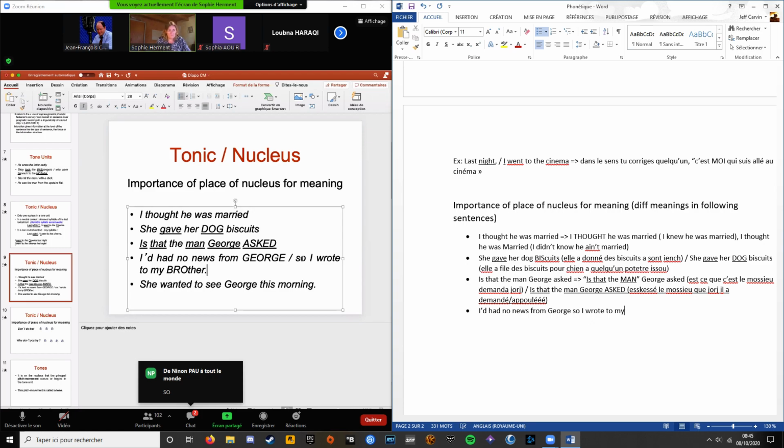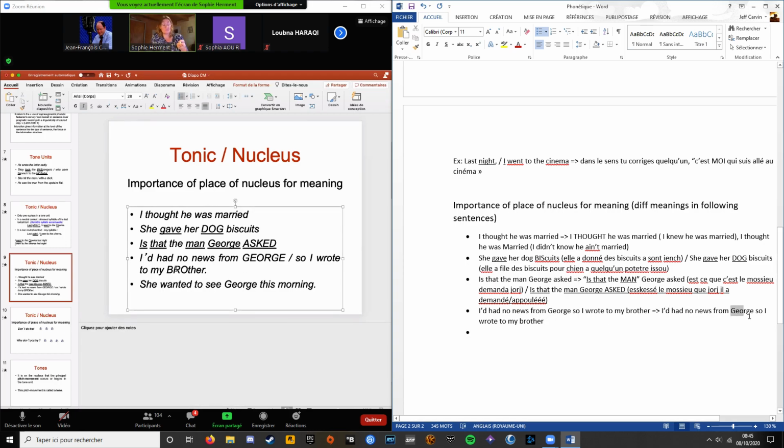Is it okay for the first one? The first one, your brother is probably a friend of George's or just simply his neighbor, maybe. So, exactly. The second solution is wrote. So the first one, I had no news from George, so I wrote to my brother, which means that your brother probably knows George and he maybe could give you news from George.